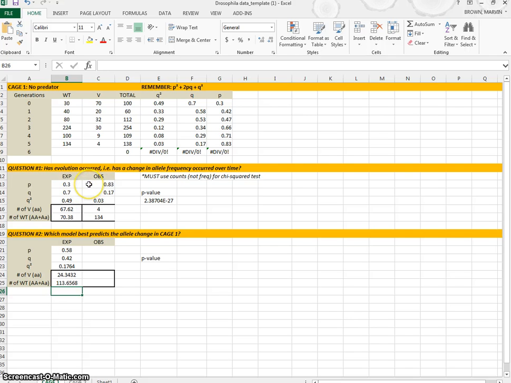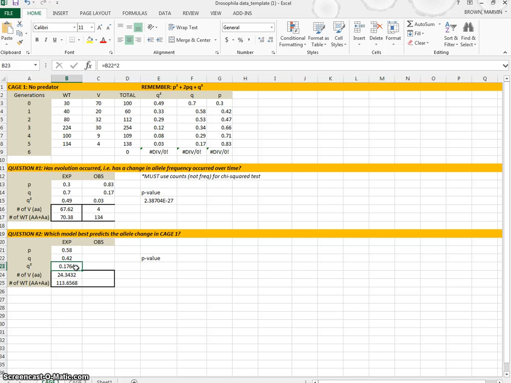So if you go up and look at your observed values, we have a 0.83 for the P. So go to your original hypothesis in Populus and see which one matches. Maybe model 1, maybe model 5, whichever one it is. Now I'm going to use this one for example in the beginning. I'm just going to say that I said model 3, my p-value was 0.58, q was 0.42, and these are the same equations.